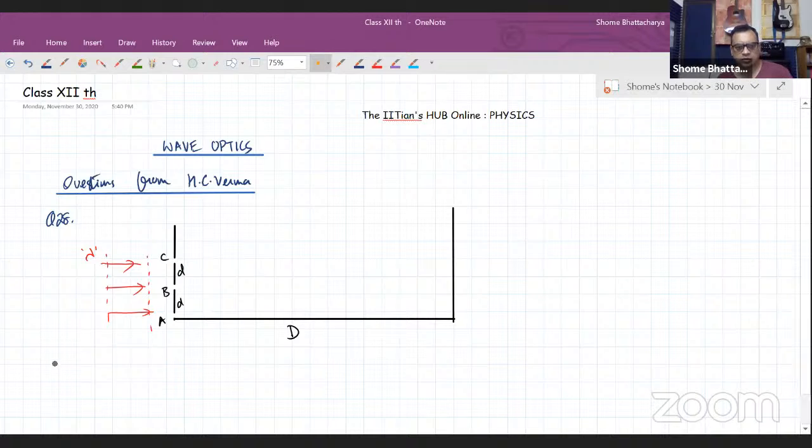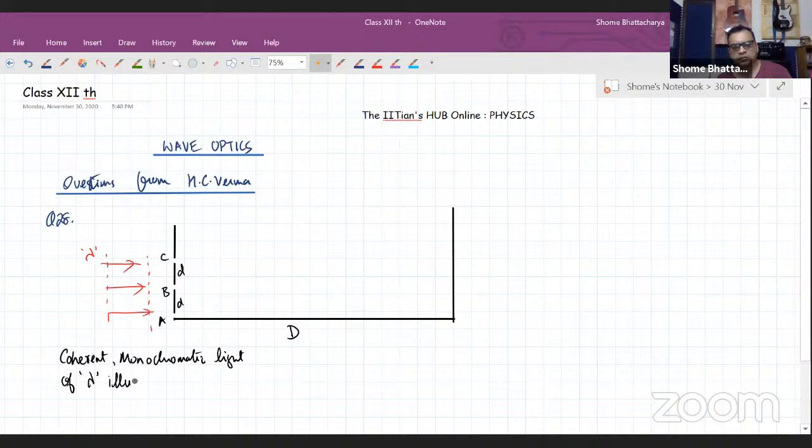So there is coherent monochromatic light of wavelength lambda that illuminates the three slits A, B and C.